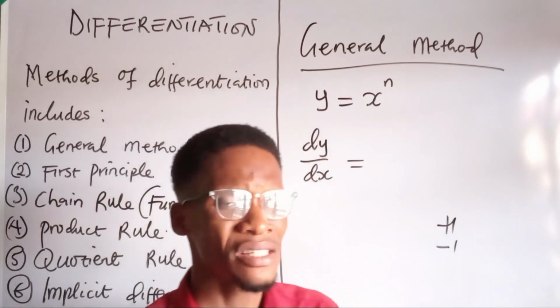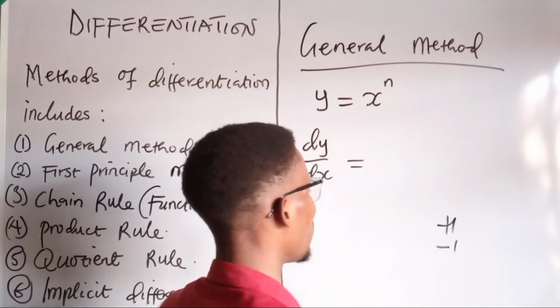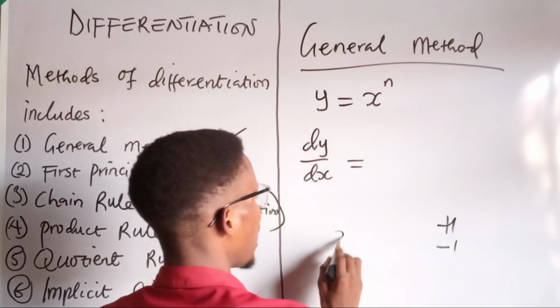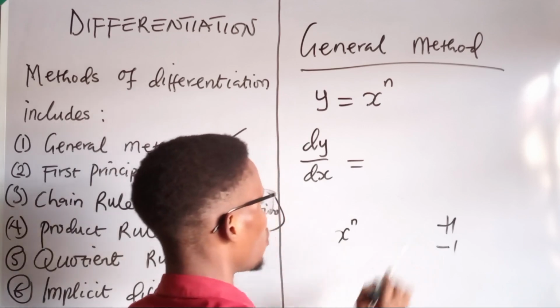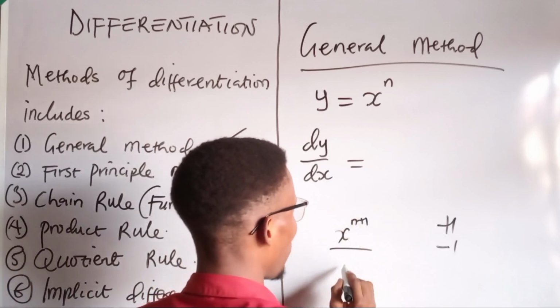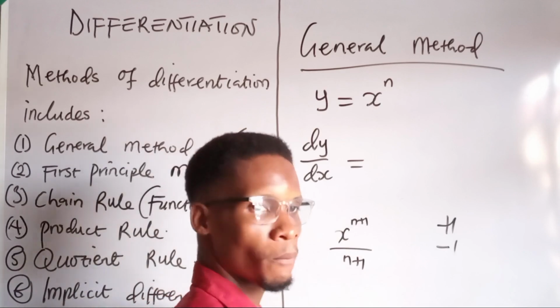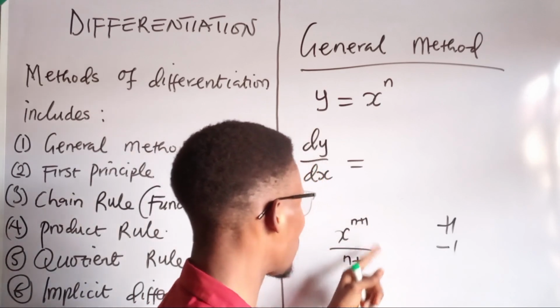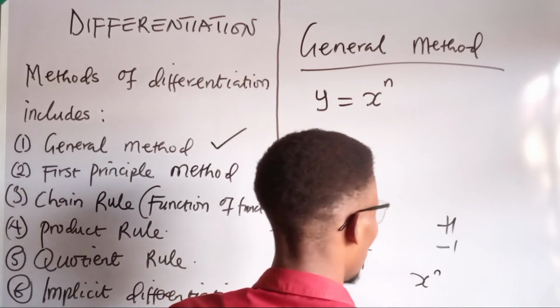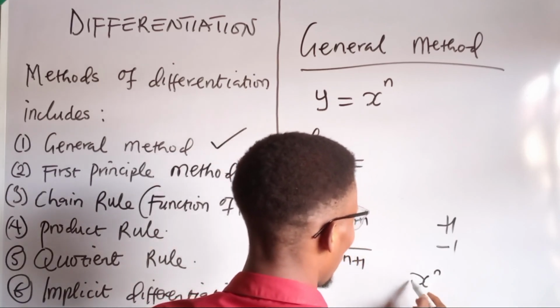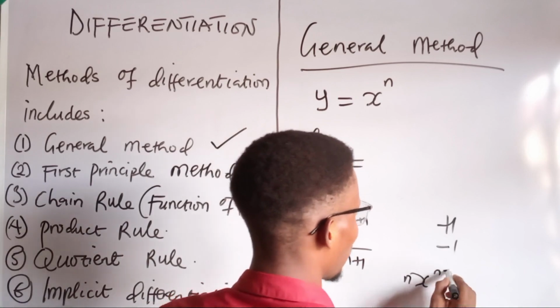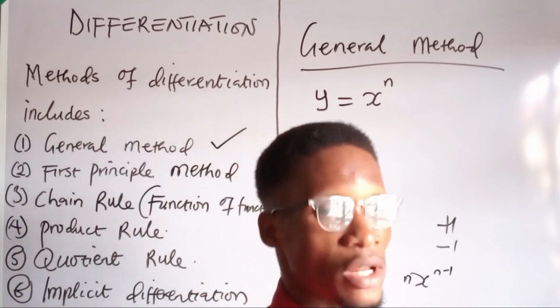For integration, if you have to integrate, let's say x raised to power n, it will be plus 1, then divide by n plus 1. But if you are asked to differentiate x raised to power n, it will just be that n will multiply x, then you subtract 1 from the power. So that is just the difference.